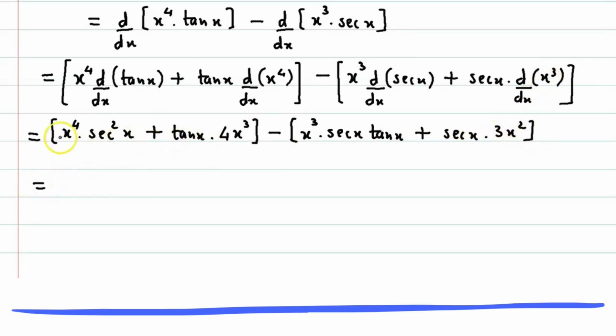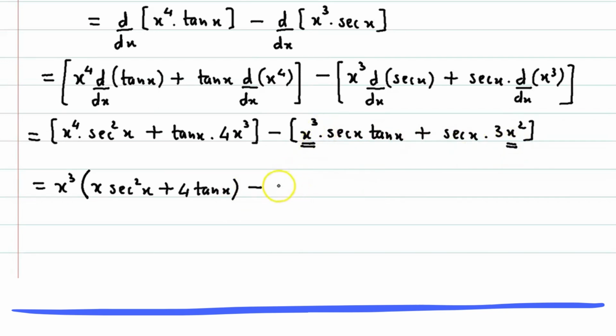Now in these two terms we could take x cube as the common factor. So taking x cube as the common factor in the first bracket, we have x cube into, so here we will be left with x into sec²x, and here we will be left with 4 times tan x, so plus 4 times tan x. Now in the second bracket we could take x square as the common factor and sec x also as the common factor.